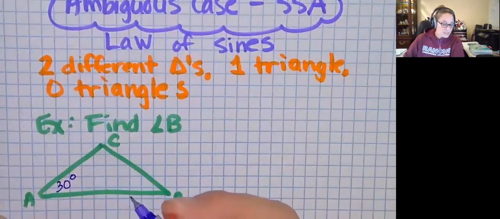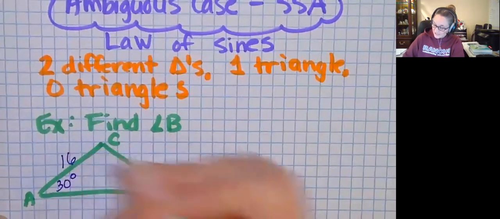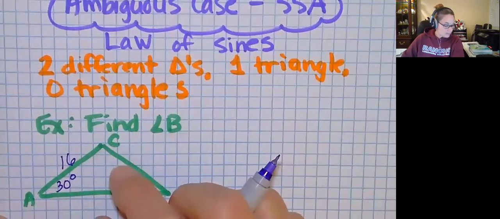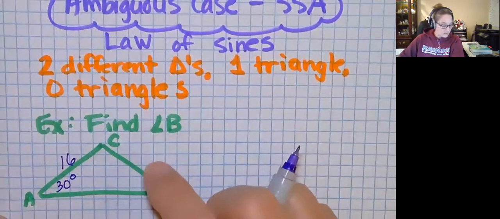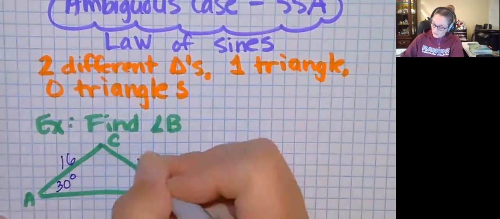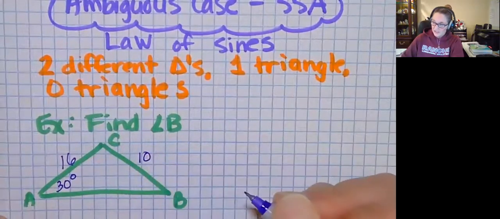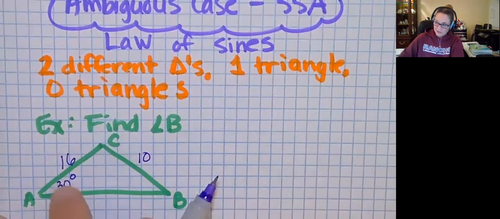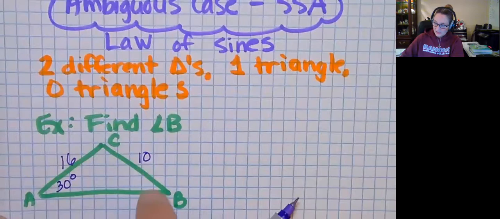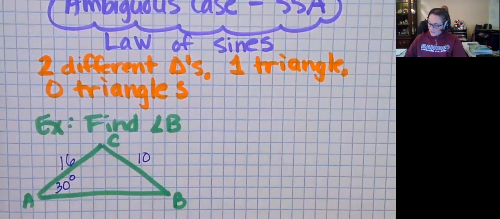And I'm going to keep this as a 16 in all three of my examples. And I am going to be changing this side up here, okay? This one, let's say that this is 10. And so I've got angle side or side angle, and we want to find this angle right here.